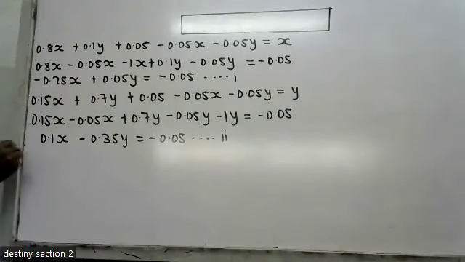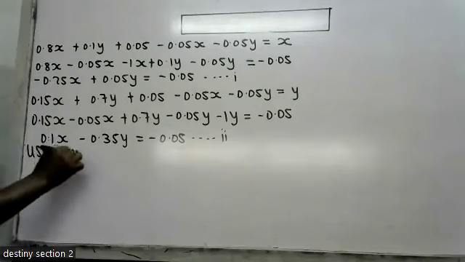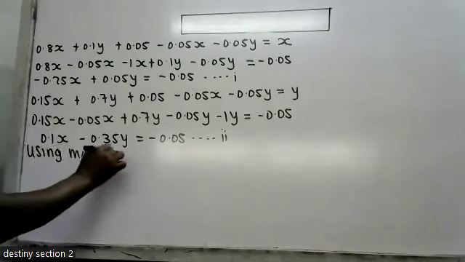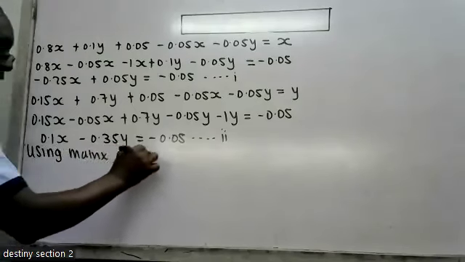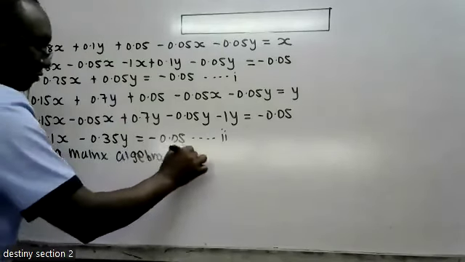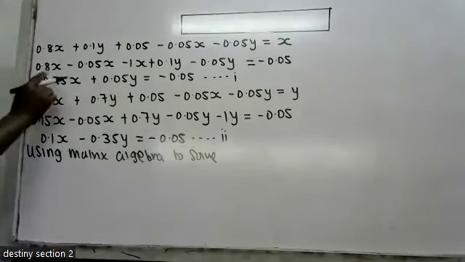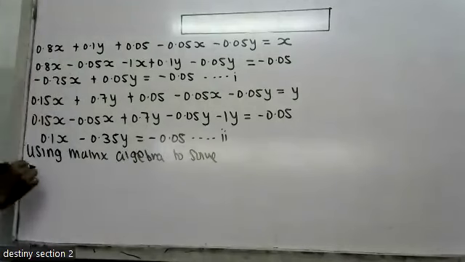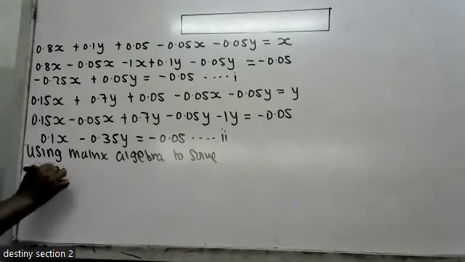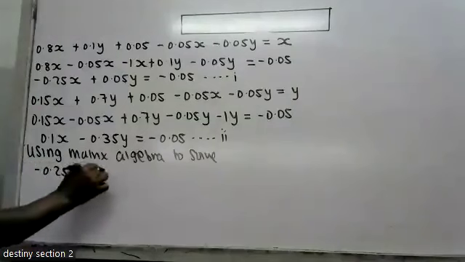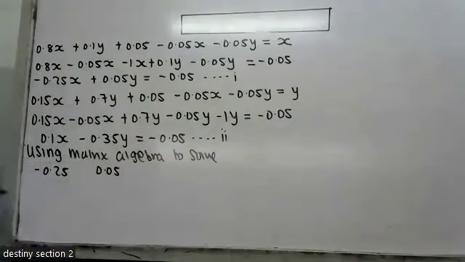Ukasema ukifika hapo, you say using matrix algebra to solve. Using matrix algebra to solve, you create the matrices. So nikikuja kwa hii equation, niko na minus 0.25 and 0.05.